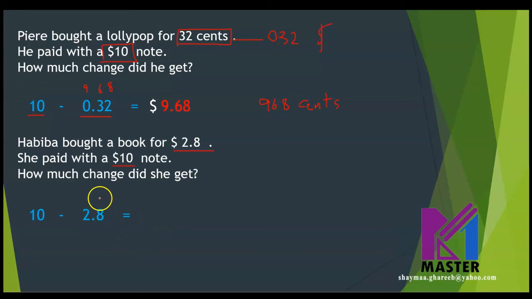So this 8 needs to be 10. It needs 2. The 2 needs to be 9. It needs 7. Then the change will be 7.2, and don't forget the unit, which is dollars.